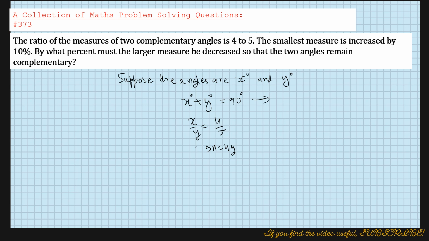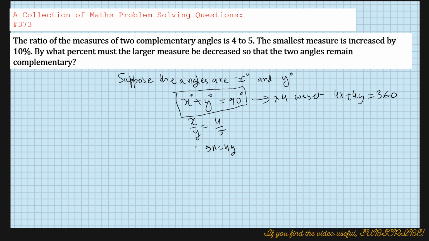And this equation, if we multiply by 4, we get 4x plus 4y equals 360, since 90 times 4 is 360.